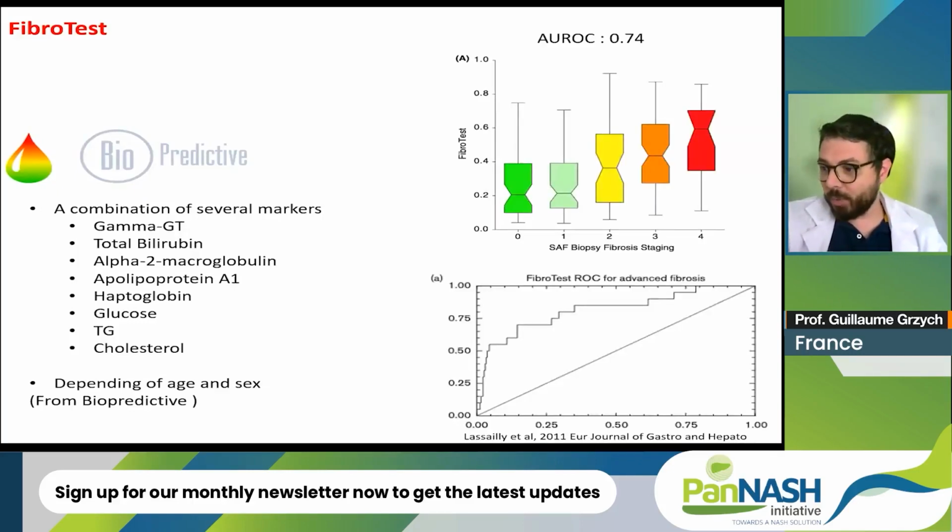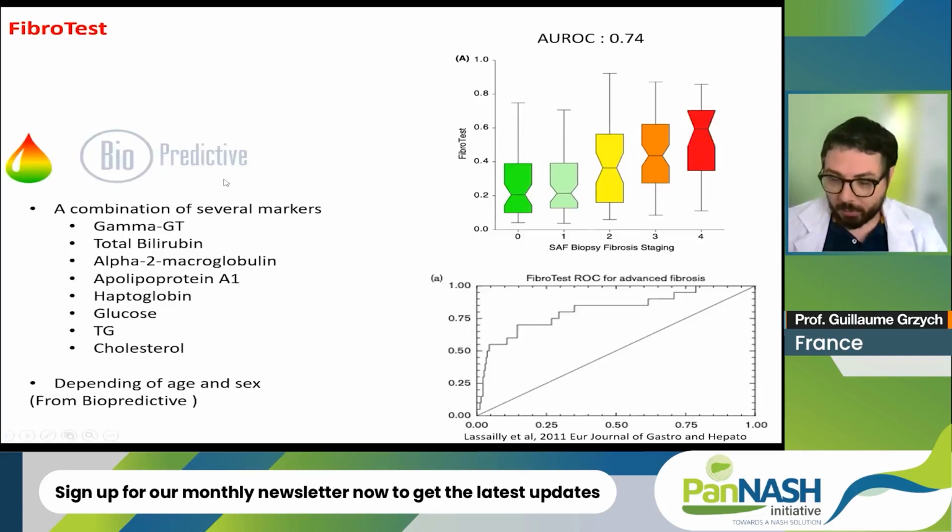The performance is around 0.774 for FibroTest compared to histological tests. The higher the FibroTest result, the more severe the histology of the patient. So 0.7 could be good if you want, but remember you have to pay, and you have to measure a lot of parameters here.